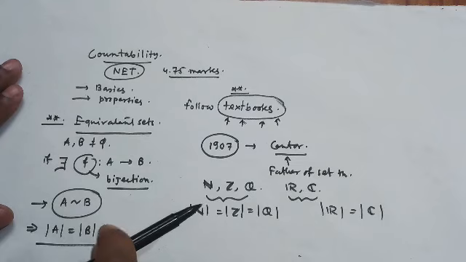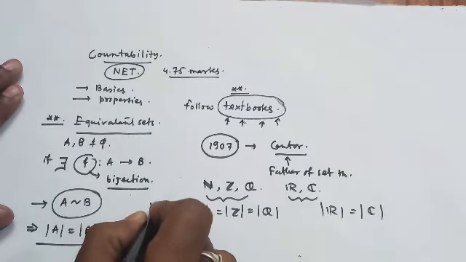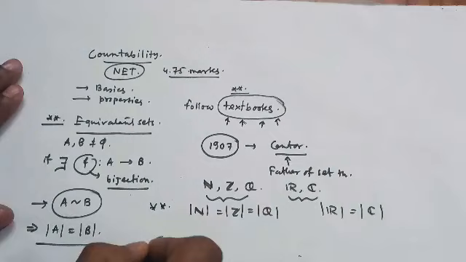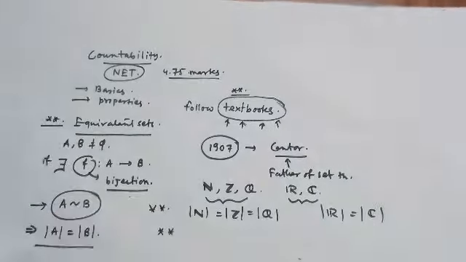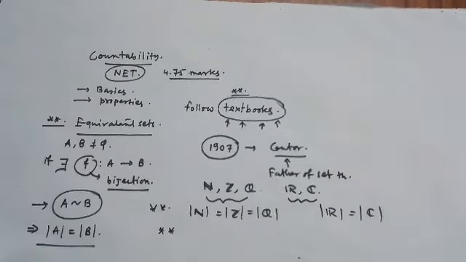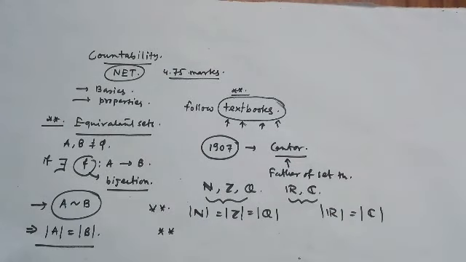Okay, but you should keep this in mind: by Cantor's hypothesis, the cardinality of these three sets and the cardinality of R and C are going to be the same within each group, and the cardinality of the last two sets is going to be greater than the cardinality of the first three sets. In fact, by this hypothesis, what we actually have is the comparison of infinities, which we will study in the subsequent videos. Okay, fine.